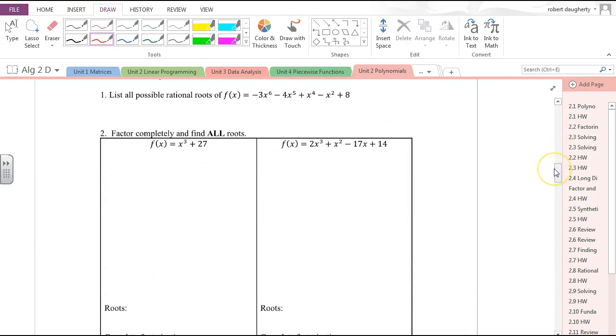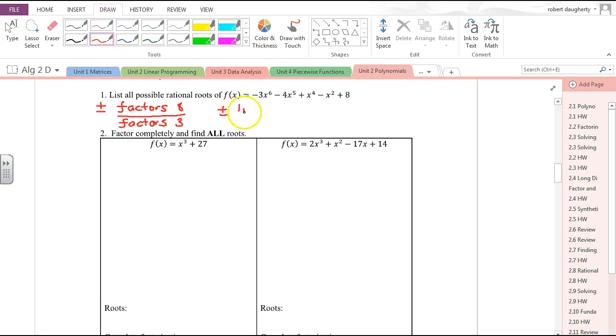Let's take a look at this, listing all possible rational roots. Keep in mind this would be plus or minus the factors of the constant term, which is 8, divided by the factors of the leading coefficient, 3. So plus or minus factors of 8 over plus or minus factors of 3.